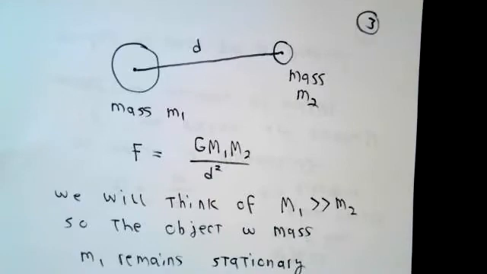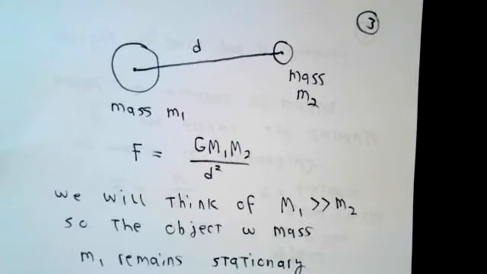So I could think of having two objects with masses, m1 and m2. What Newton's law of gravitation says is that the force is some universal constant that doesn't depend on the masses or the distance, multiplied by the first mass, multiplied by the second mass, divided by the square of the distance between them.